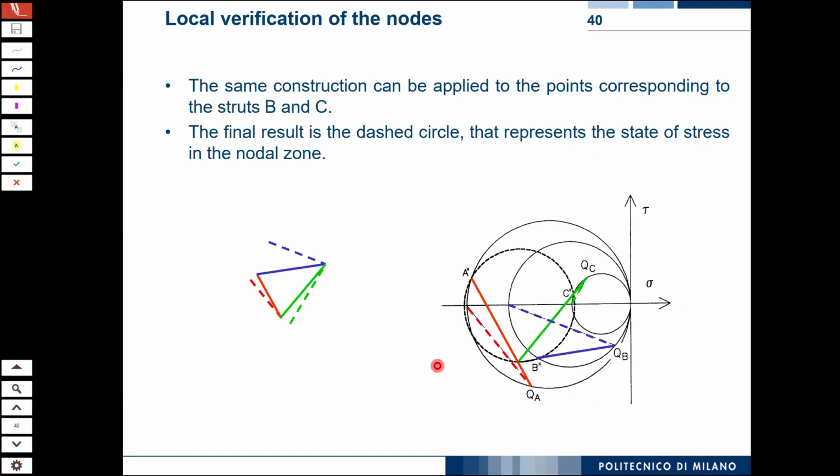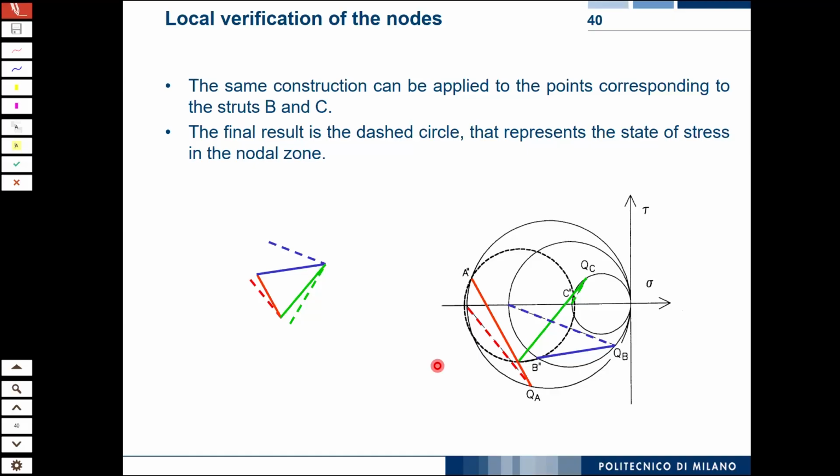I'm sorry, this slide is a little bit busy. We can repeat the same thing for the three struts, and we find these 3 points: A prime, A second, B second, and C second.